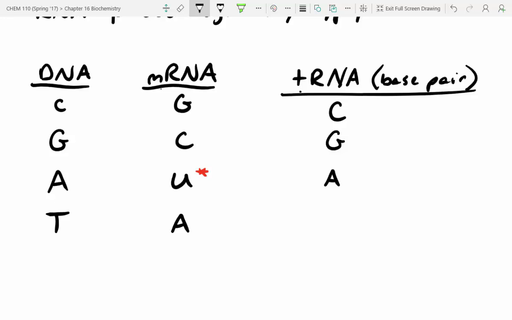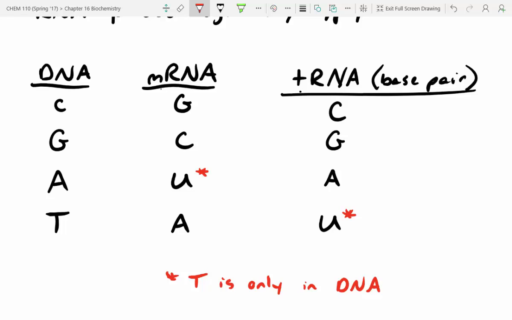And now that we've got an mRNA with an A, what must the tRNA be? A U, right? Because it can't be a T in the RNA. So we'll say U, and these are the big things you got to pay attention to, is that T's get flipped to U's in the RNA. T is only in DNA.